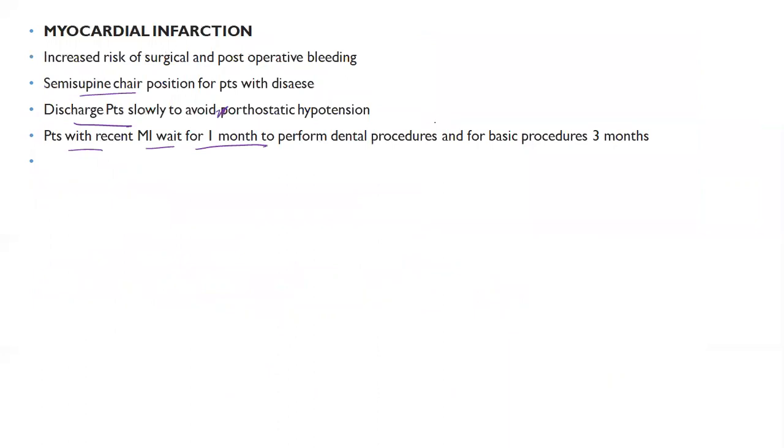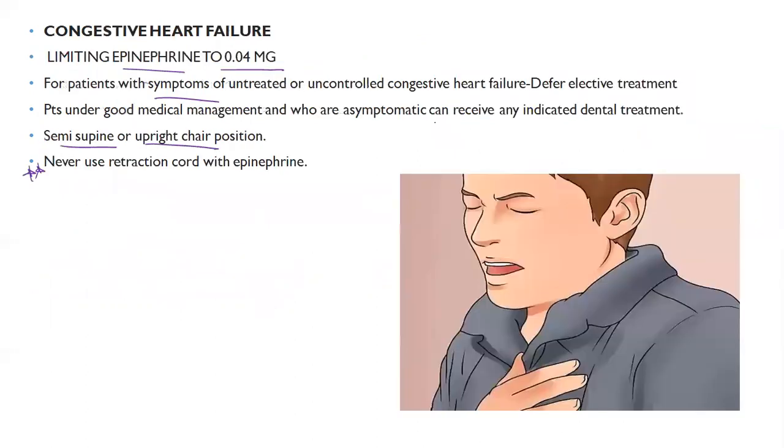You have to wait for 1 month to do any important dental procedures, and for basic procedures, please do not do them for 3 months. Congestive heart failure, here also you have to limit epinephrine to 0.04 mg and never use retraction cord with epinephrine, and if the patient is having any symptoms, stop the treatment, and always take the opinion of the physician before you start the treatment.